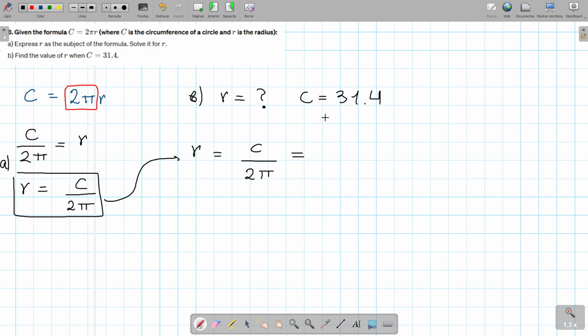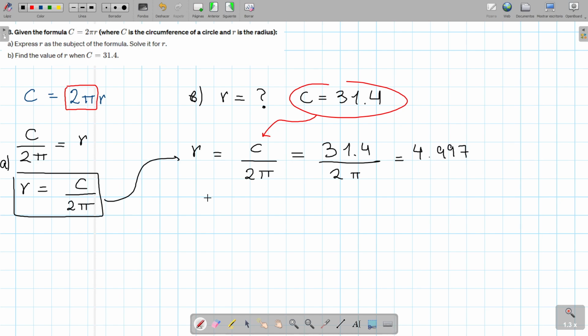But c, we have that the value of c, as you can see right here, will be 31.4. 31.4 over 2 times pi. If we use our calculator, it will be equal to 4.997. It will be approximately just 5.